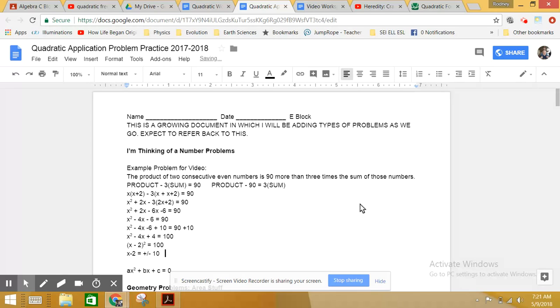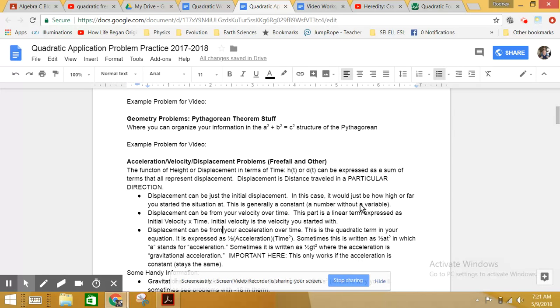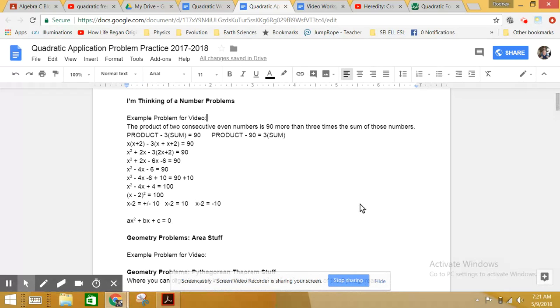So now I can solve both of those. So I can say x minus 2 equals 10, and x minus 2 equals negative 10. And solving the first one, x minus 2 equals 10 becomes x equals 12.